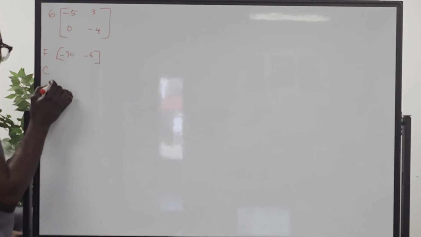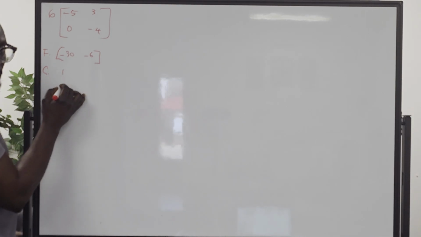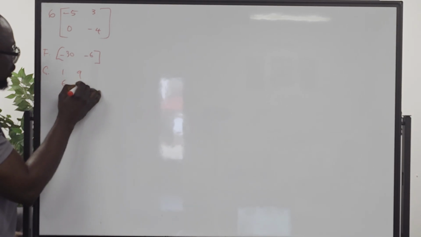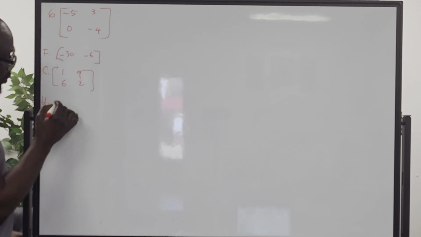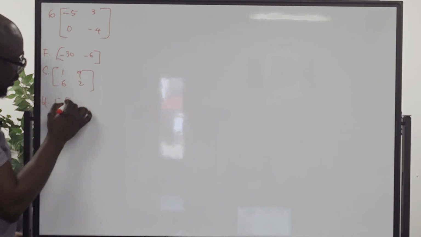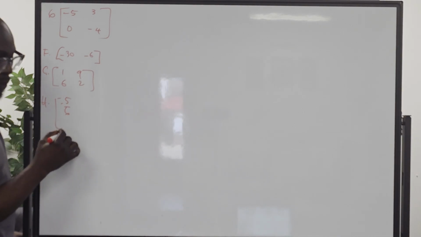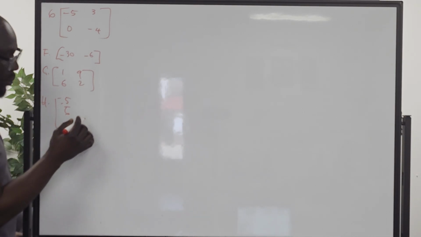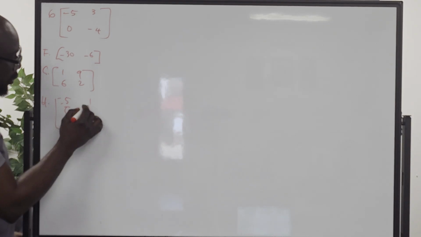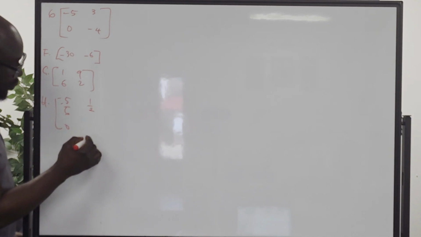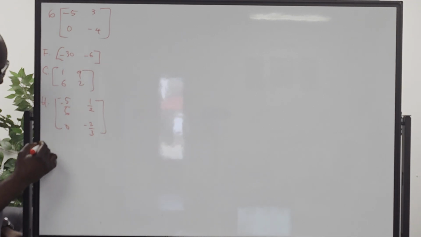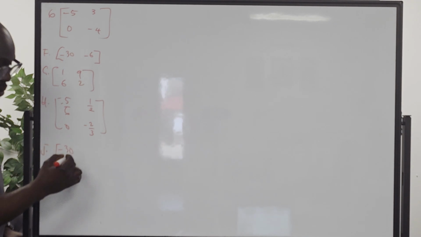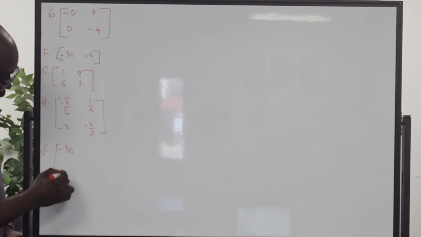Option G is 1, 6, 9, 2. Option H is minus 5 over 6, 0, 1 over 2, minus 2 over 3. And then option J is minus 30, 0, 18, minus 24.